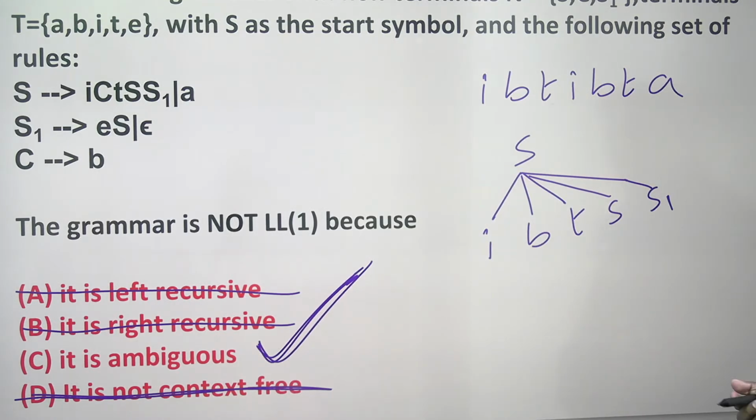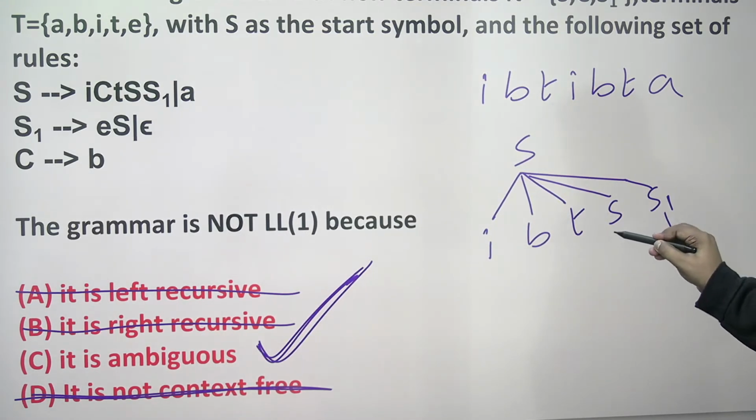I want IBT A. So this S1, can I keep epsilon?